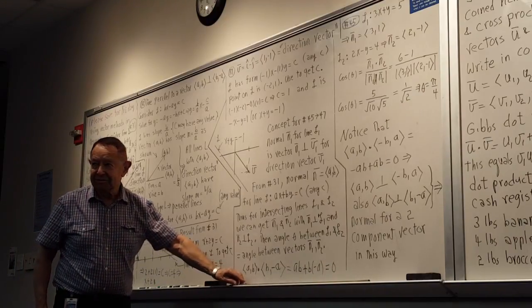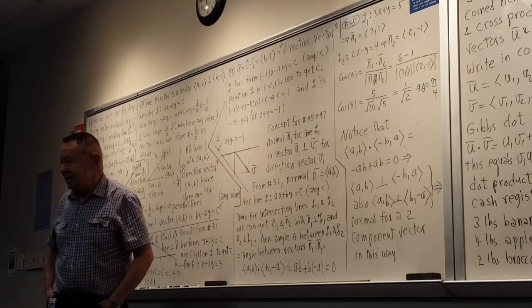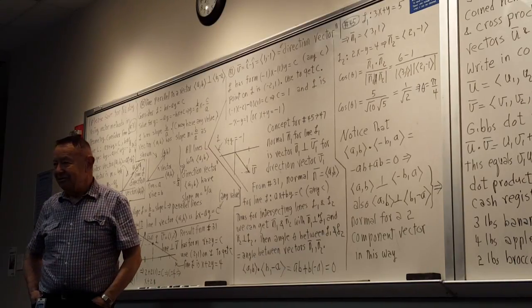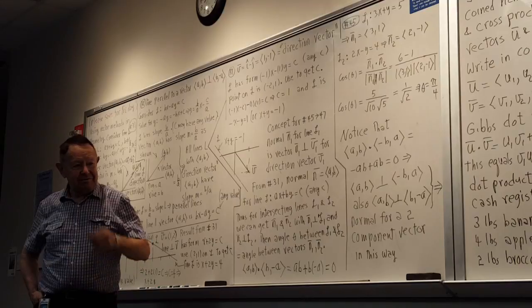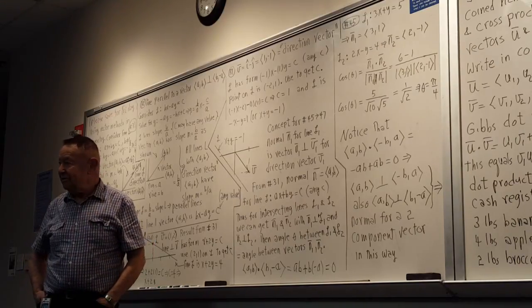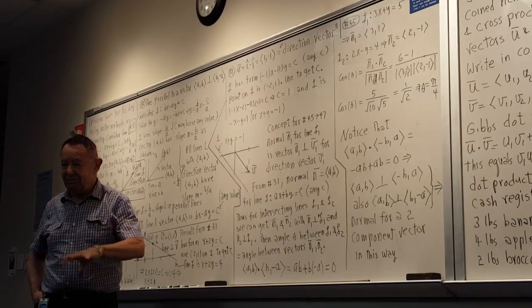Well, I think this is probably as much of your patience as I should try for today. And what we'll do next Thursday is called the cross product, and you use it to represent torque.